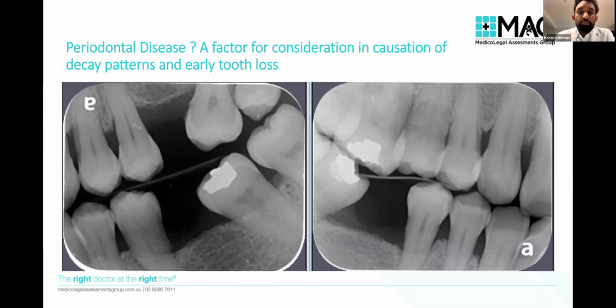Sometimes we might have early tooth loss because, as you can see with some of these x-rays, the bone levels drop so significantly that the tooth becomes loose, becomes infected, and falls out or is removed because of a gum disease factor that is unrelated to the claim, the claim in this case being dental decay and breakdown. So it is another overlaying factor that we consider.